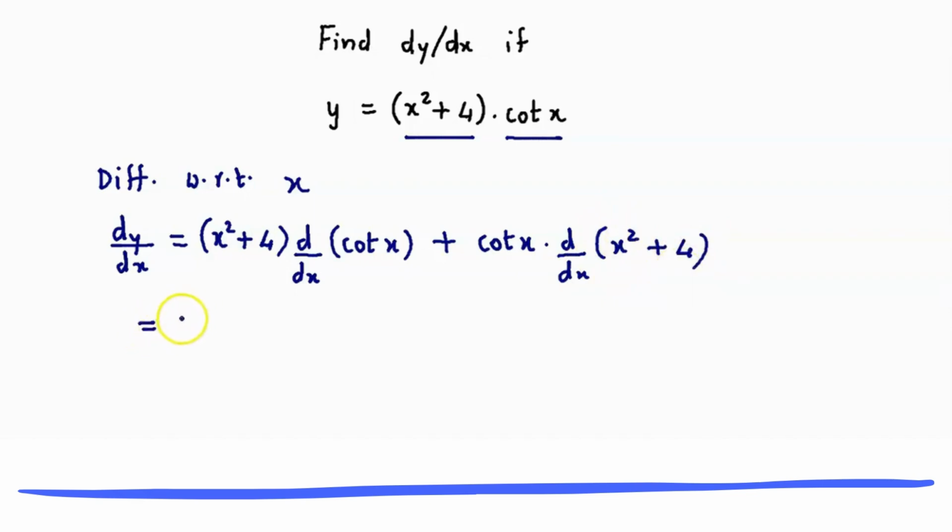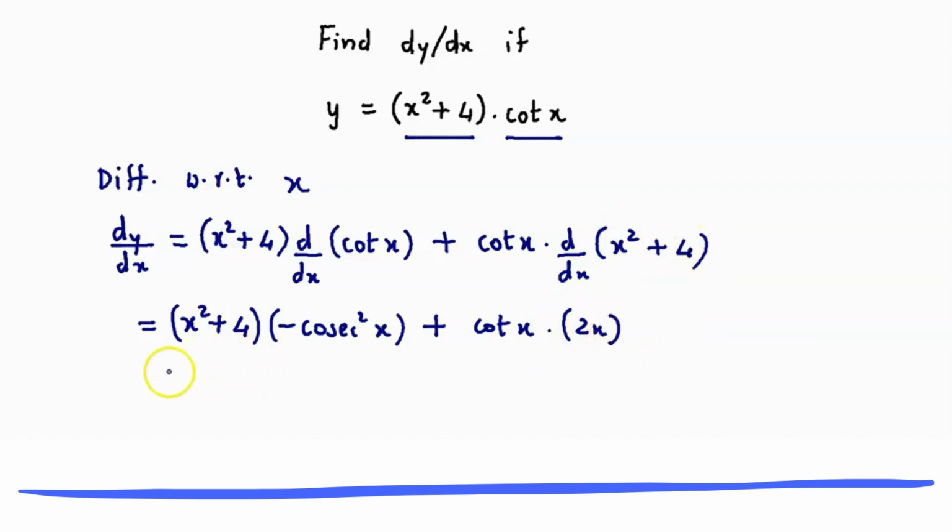Proceeding further, we have x square plus 4. Now derivative of cot x is negative cosec square x plus, here we have cot x into, now in this part we apply the addition rule since we have two terms in addition. So derivative of x square is 2x and derivative of 4 is 0, 4 is a constant.